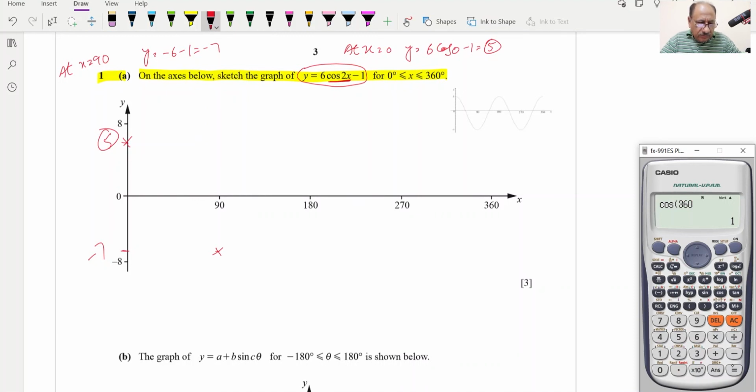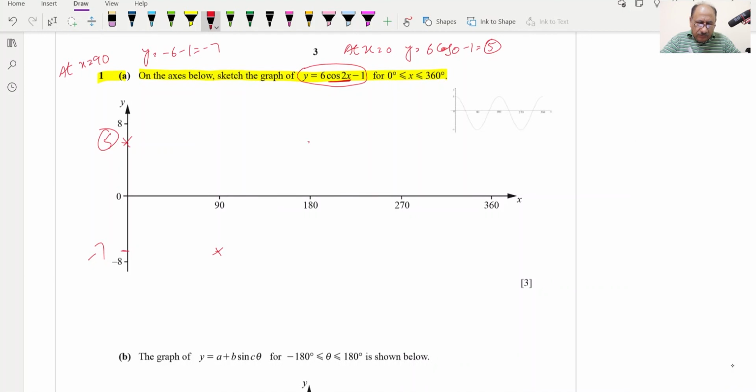We can take the upper value at 180 as 5 over here, so the graph will be curving like this, and for 270 again it will be this location, and 360 will be equivalent to this position, and we can mark it over here.